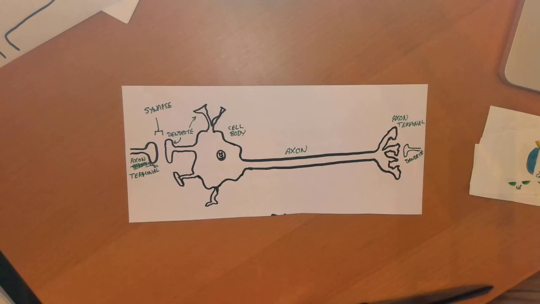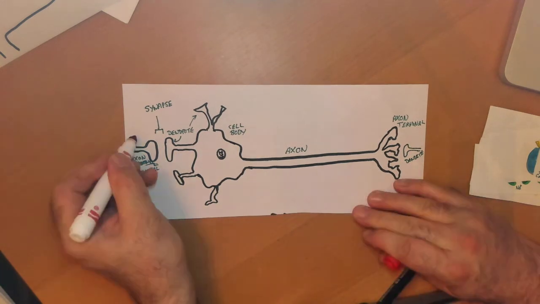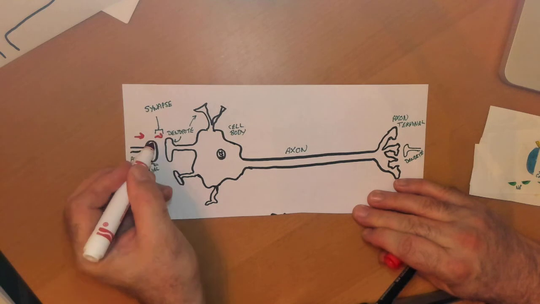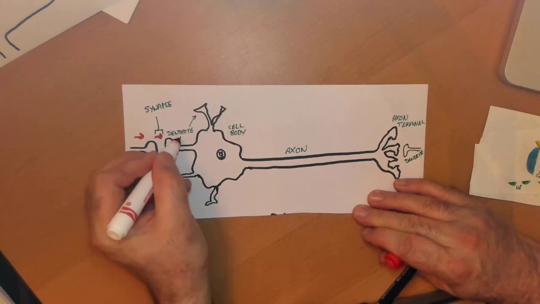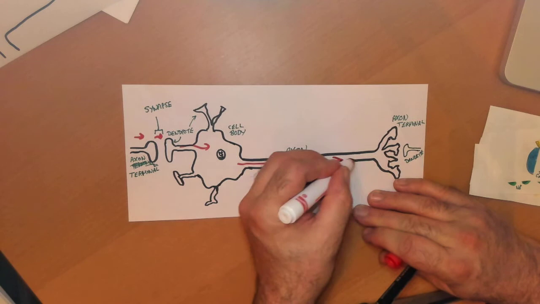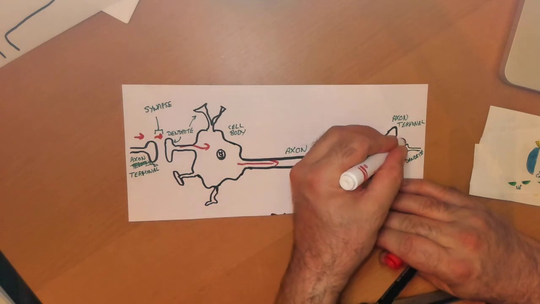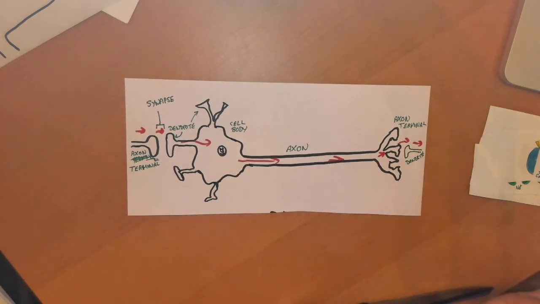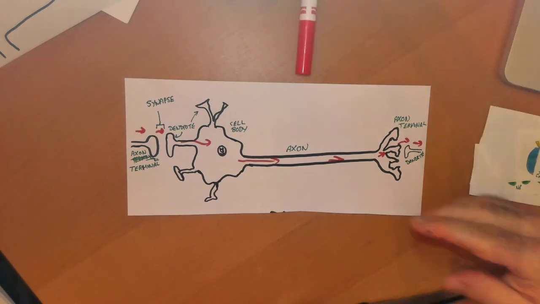So with neurons, signaling only goes in one direction. It's always starting at a dendrite, so it jumps the gap, synapse, then the dendrite, down the axon terminal, and then continues. That's the direction of signal flow. Sometimes this terminology is used, so the synapse is so important we talk a lot about it.